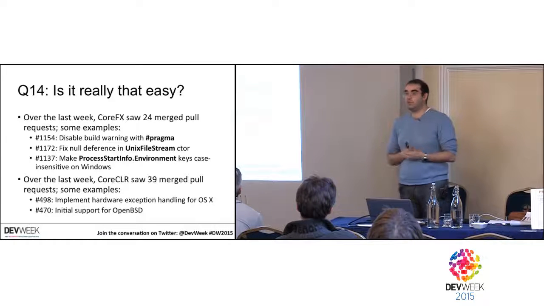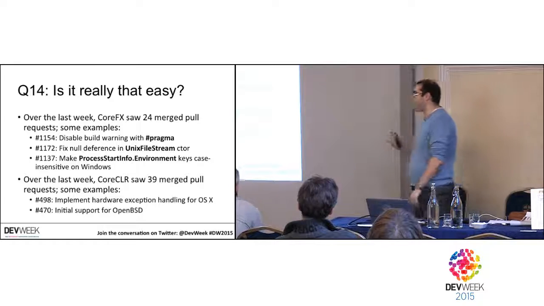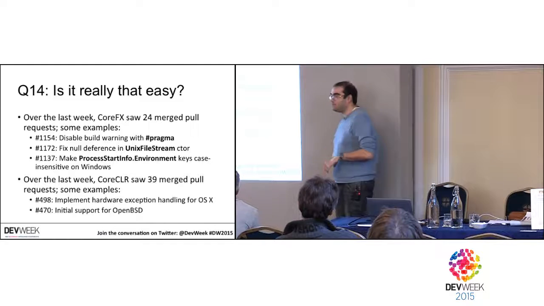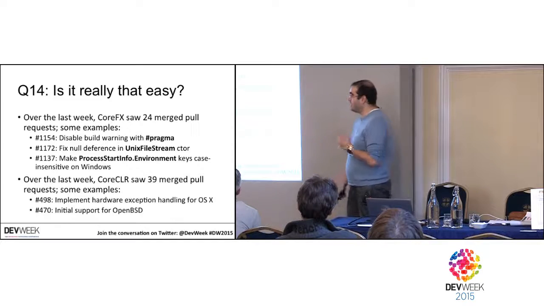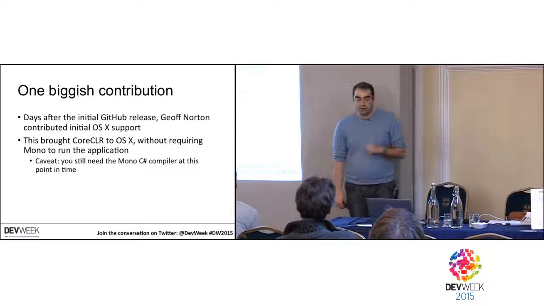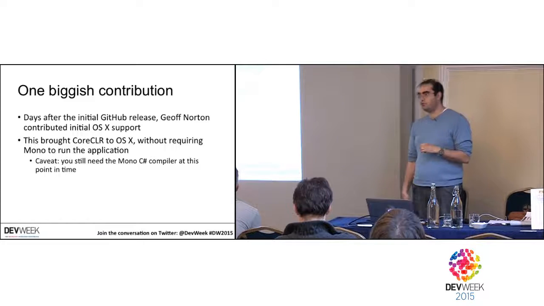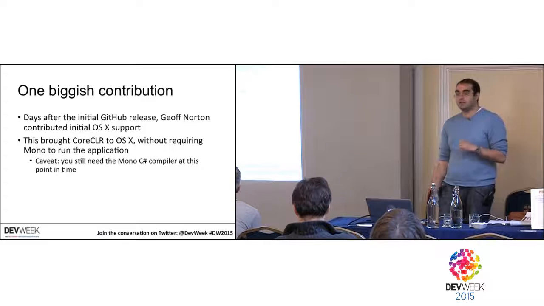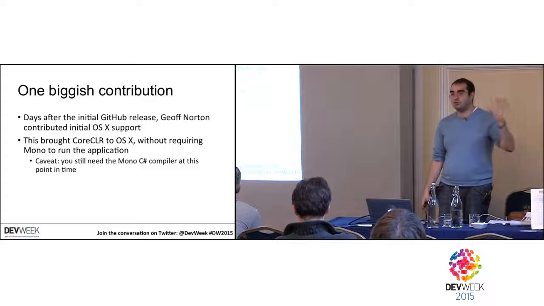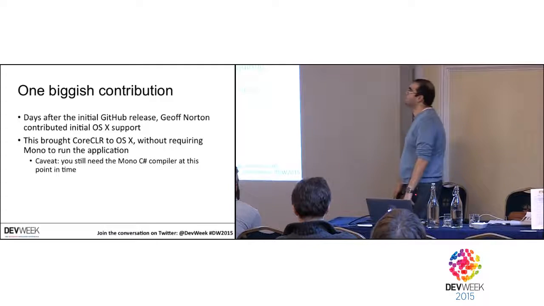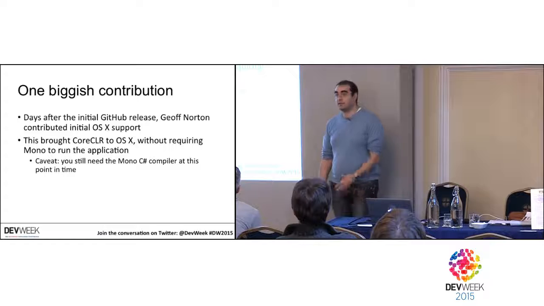It's pretty portable code in the first place, which is why it was fairly reasonable to support OpenBSD. Another really huge community contribution from about a month and a half ago, I think February, is OSX support. Just days after the code was dropped on GitHub, this gentleman, Jeff Norton, contributed OSX support.